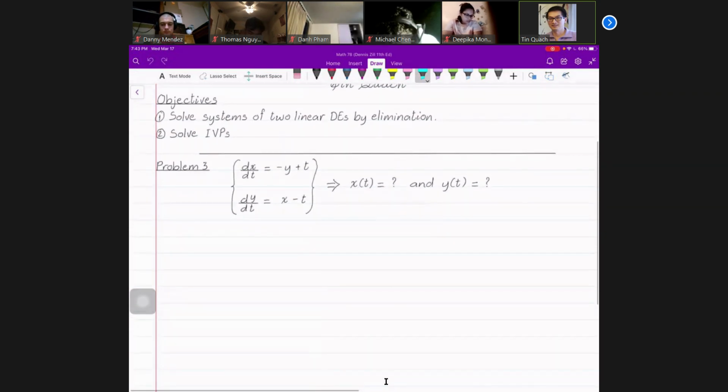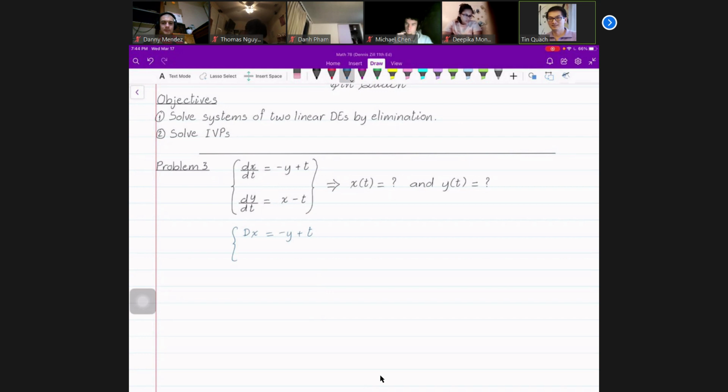So for this one right here, if you write this one as Dx, and on the right it is negative y plus t. So in this case, x and y are both functions of t. All right.